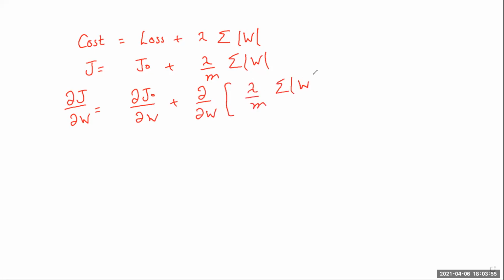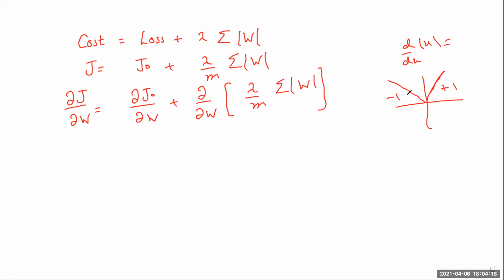So again, if I ask you what is the derivative of mod of X, let me tell you intuitively, mod of X looks like this, because you only have positive values. In this part, the derivative is +1, and in this part, the derivative is -1.